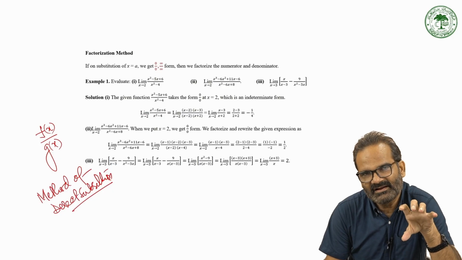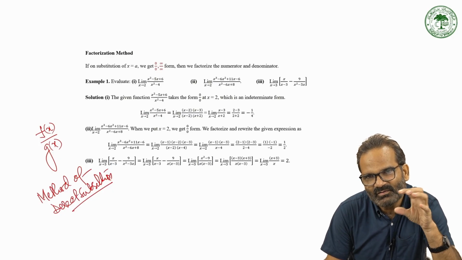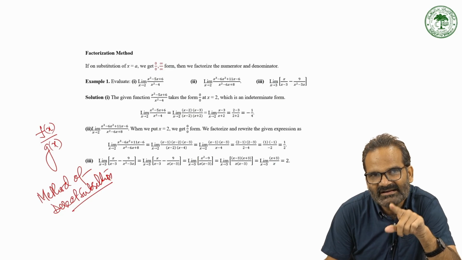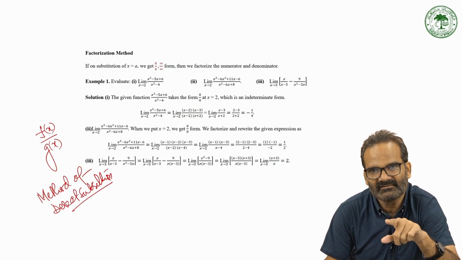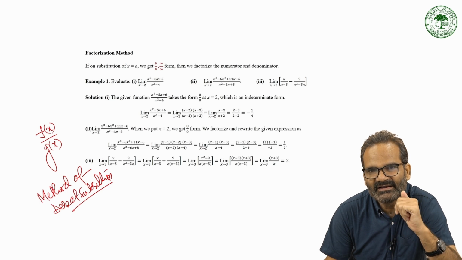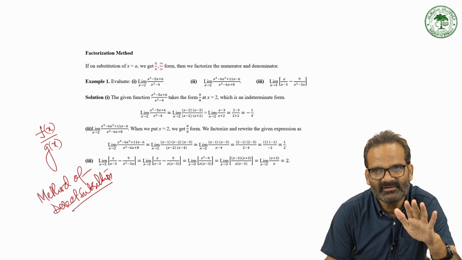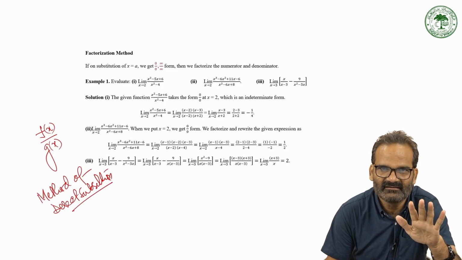Direct substitution means put the value of x directly in the given function, as we did in method 1, okay? And then simplify it. What will you get? Either you will get a finite number. If you are getting a finite number, your solution has been attained, is it?